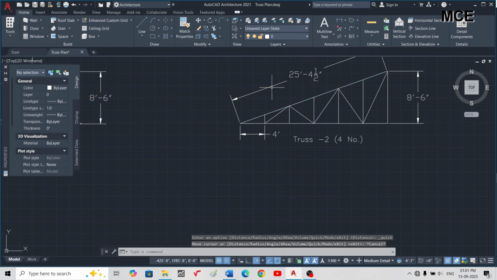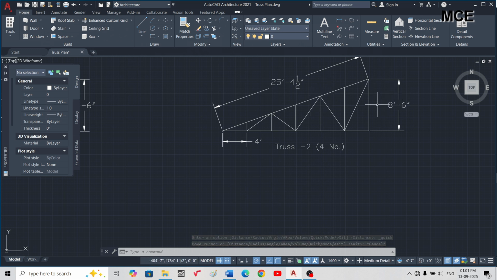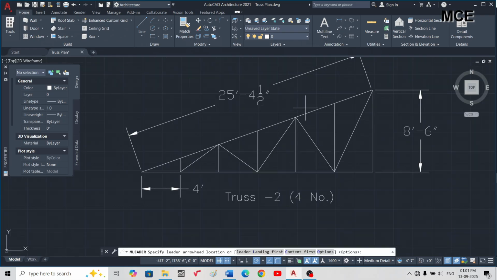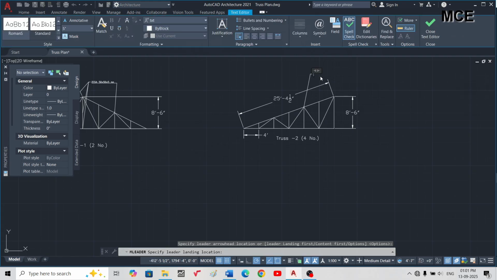Again for this truss, I will take the rafter, the king post and the bottom chord as ISA 50 into 50 into 5 mm, and the rest of the members as 45 into 45 into 5 mm. So this member will be ISA 50 into 50 into 5 mm.